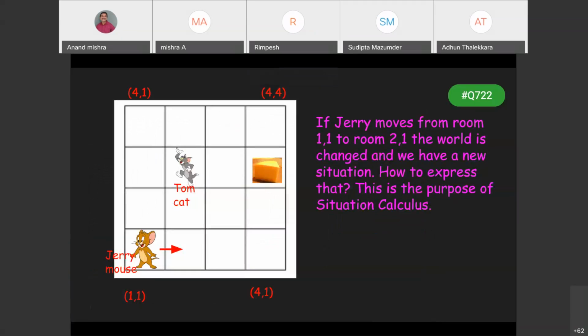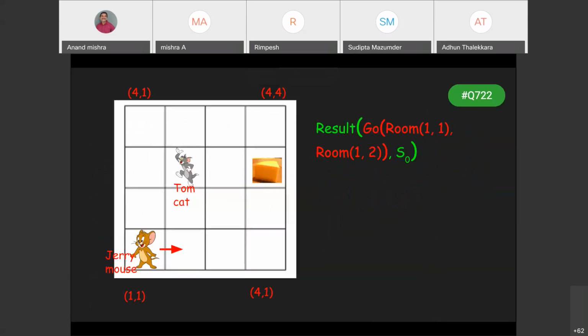In situation calculus, as I said, this thing in red is the action. The action is go from room 1-1 to 1-2, in the situation S0. If you do this, you will get a new situation, which will be S1.